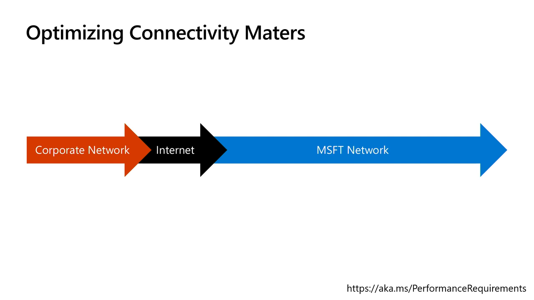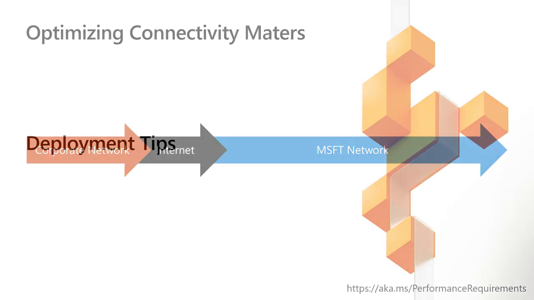The main reason we want to get onto the Microsoft network as quickly as possible is it's a zero jitter and zero loss network. Microsoft is also covering about 90% of the internet connected population. Okay, so if you've got little satellite offices, get there as quickly as possible.